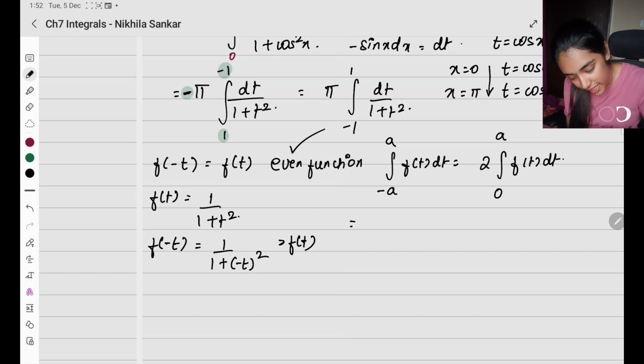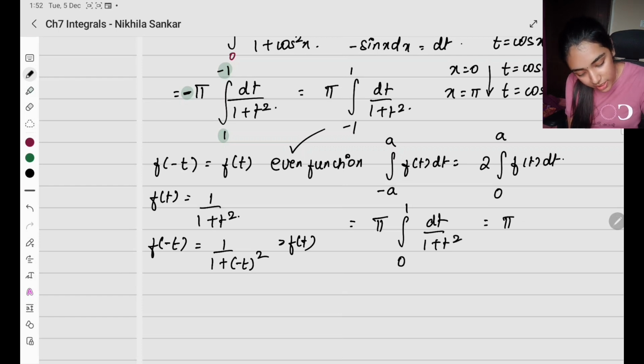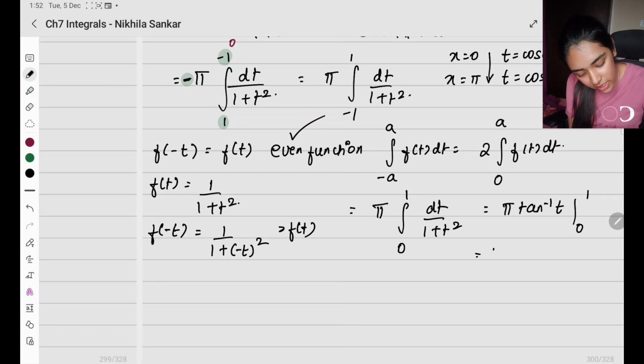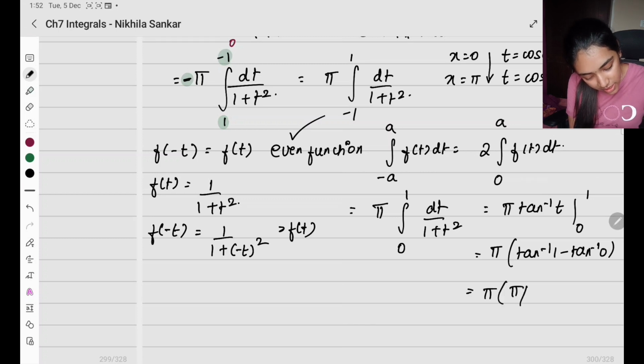So I can write it as pi times integral 0 to 1 of dt divided by 1 plus t square. So this is nothing but pi times tan inverse of t from 0 to 1. Okay. Now when I apply, I have pi times tan inverse of 1 minus tan inverse of 0, and this is nothing but pi times pi by 4 minus 0.